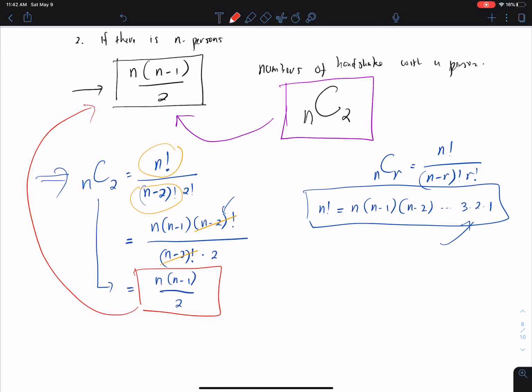Okay, so either way you can say that if there are n persons handshaking with each other, the total number of handshakes that happen you can write as n times n minus 1 over 2, or you can also say it as combination n2. Okay, that's for number 2.